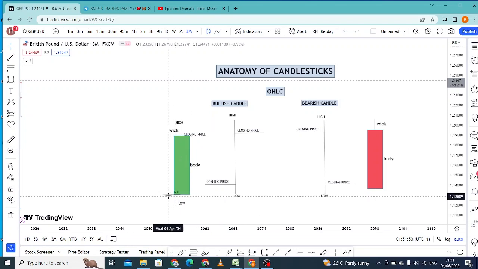Now, when price opens and wants to go bullish, there will always be a manipulation to create a low.